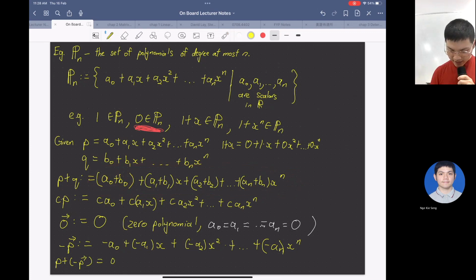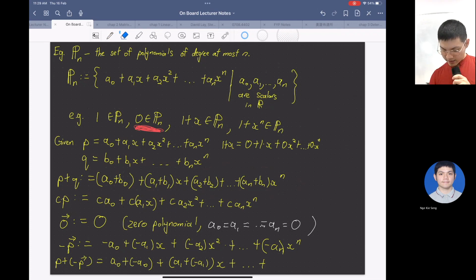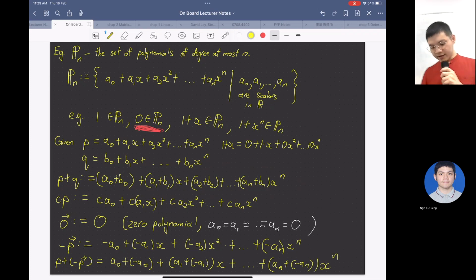The first is a0 plus minus a0, then a1 plus minus a1 times x, plus dot dot dot, plus an plus minus an. Up to here is enough.